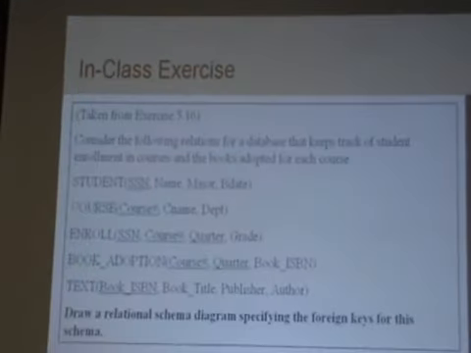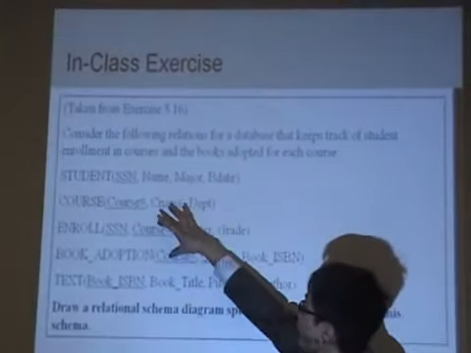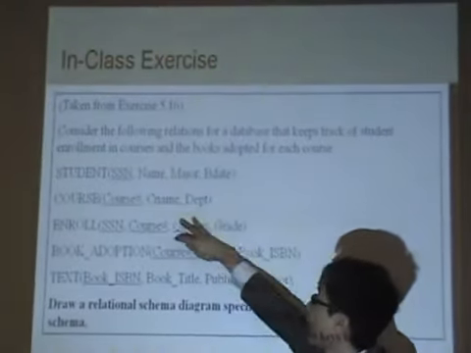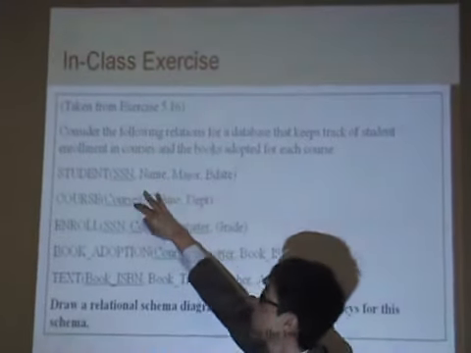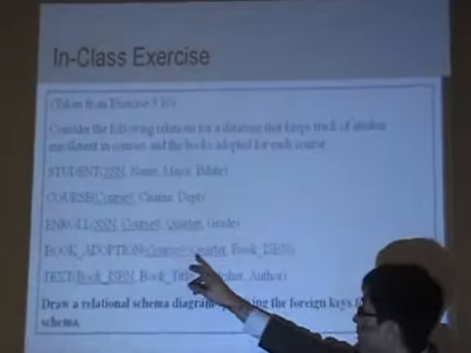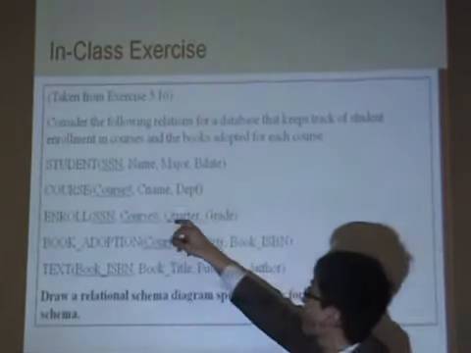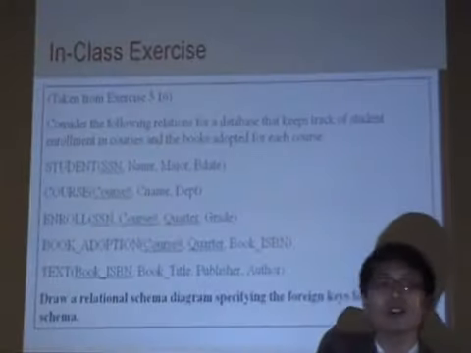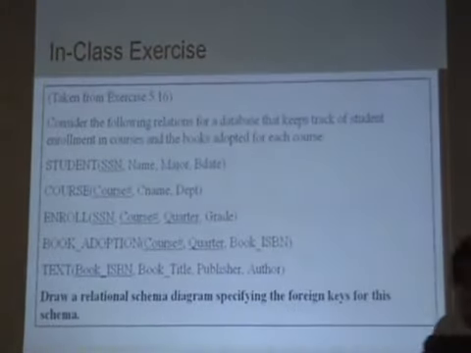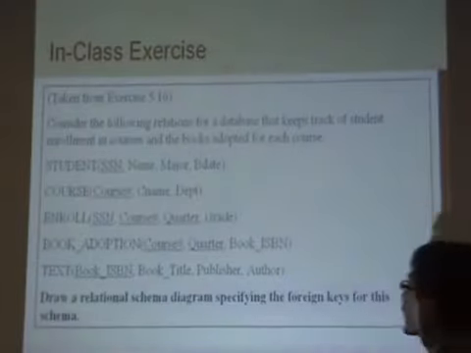What else? Course number. Course number in enroll, with the left course part, refers to course number in course. And similarly, course number in book adoption refers to course number in course. Others. Book ISBN. Book ISBN, which one?